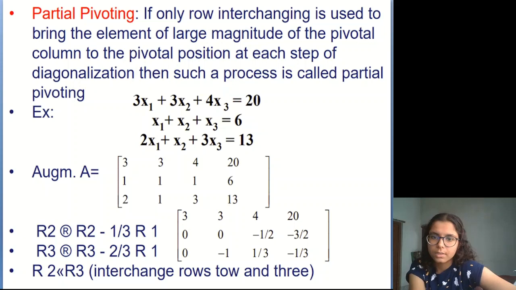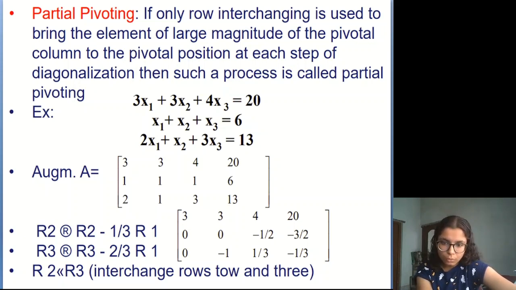Now there is an augmented matrix from the linear system. Here we have created the augmented matrix. Then we have done some row operations, and you can see an upper triangular form, 3 3 4 20, and we would interchange rows 2 and 3.